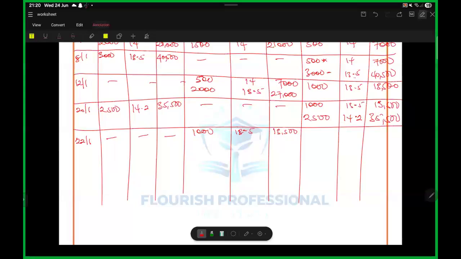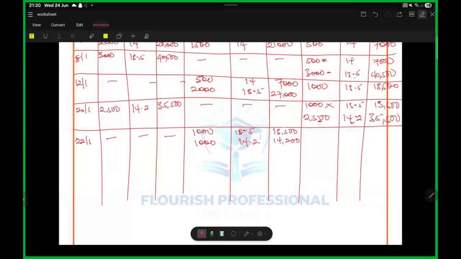Then the remaining 1,000, since we issue 2,000, can be issued from this one. This is already gone. So I can issue 1,000 at the price of 14.2, giving me 14,200, right?